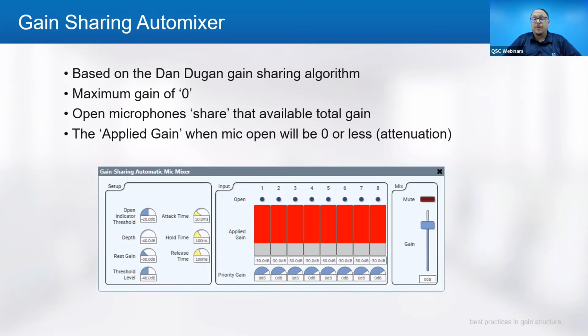The way it works in this one is there's a set amount of gain that can be given to the output. What you have here is a static resting point, right? Every one of these inputs is at -30 dB down because that's what it's set to. The depth is set to -40 and the resting gain is set to -30. So it's just resting there.